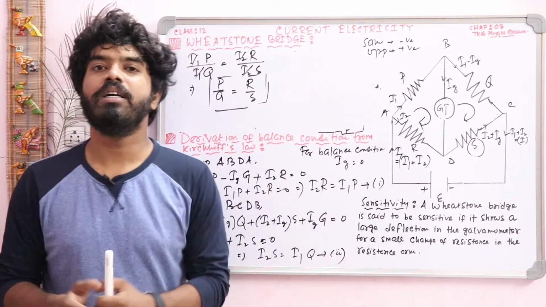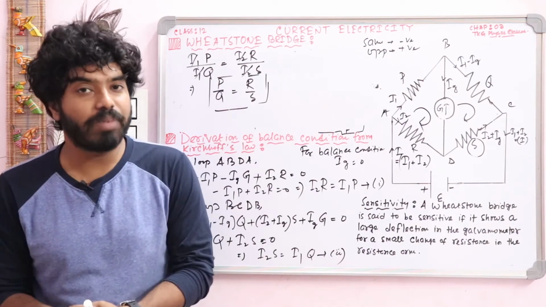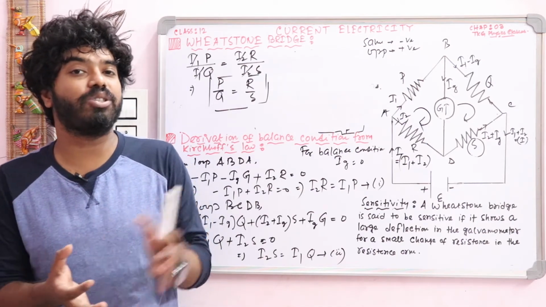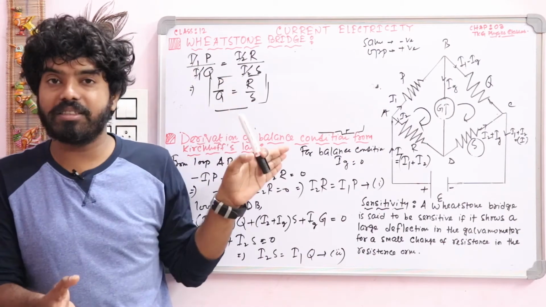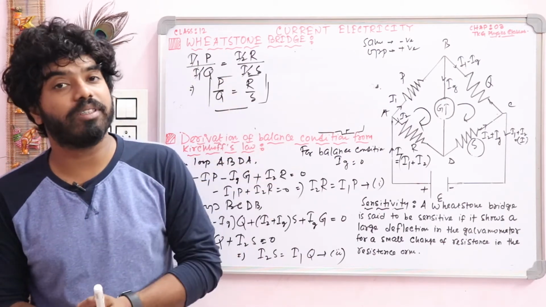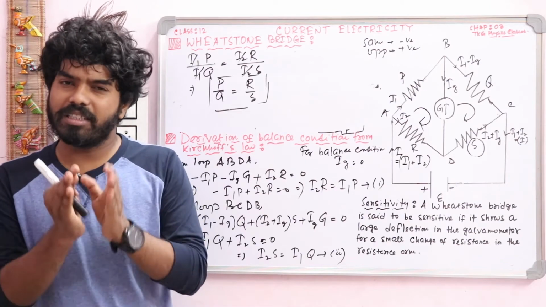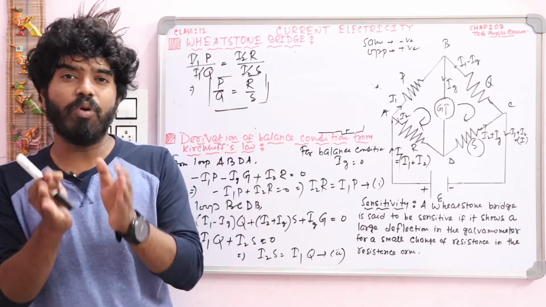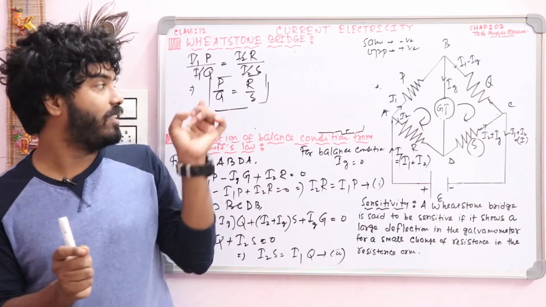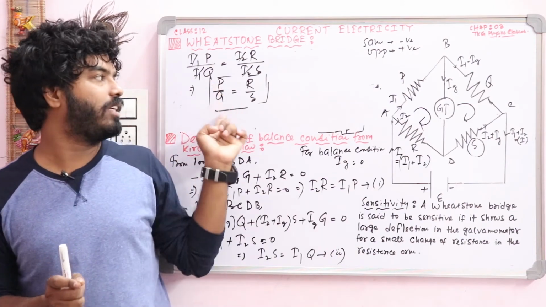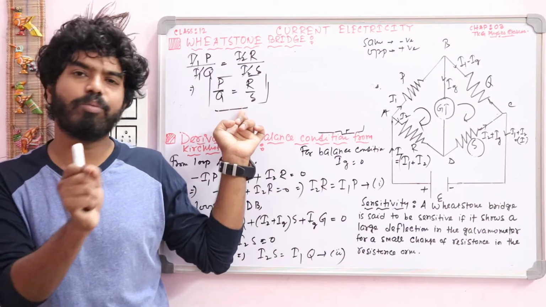Factor number 1: the sensitivity of Wheatstone bridge depends on the magnitude of the ratio of these resistances. The sensitivity will be more perfect, more accurate, more sensitive when this condition happens, that is P by Q is equal to R by S. So this is our point 1.